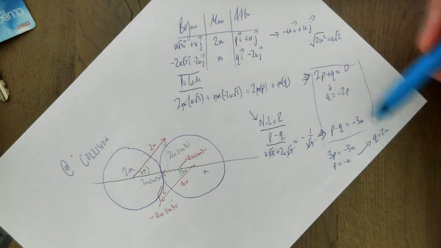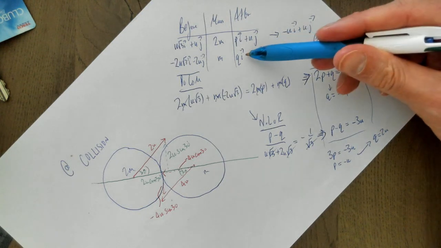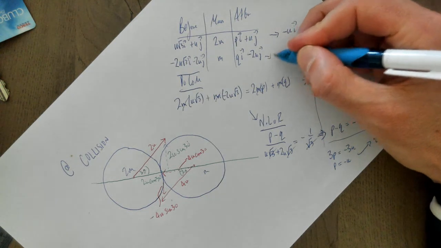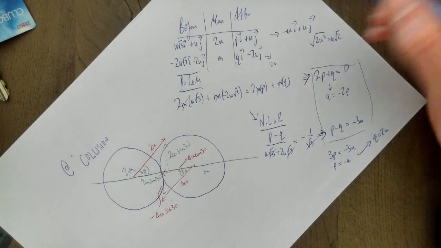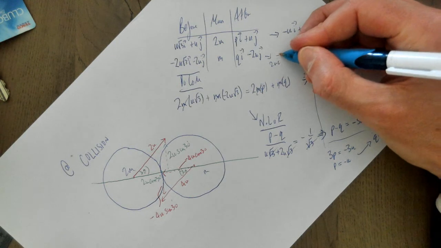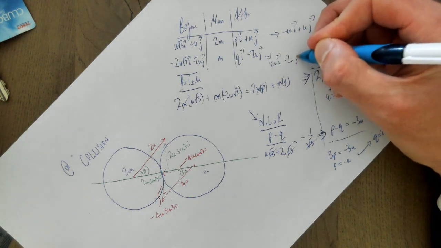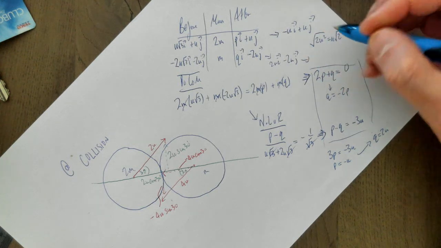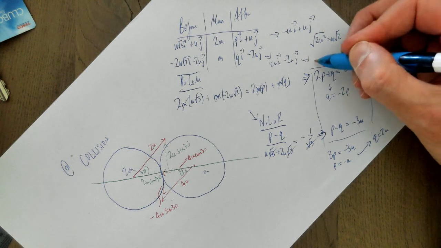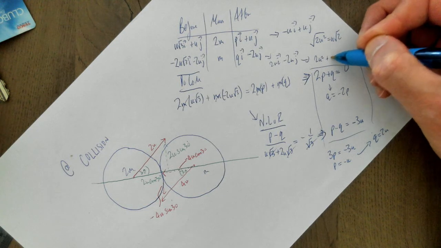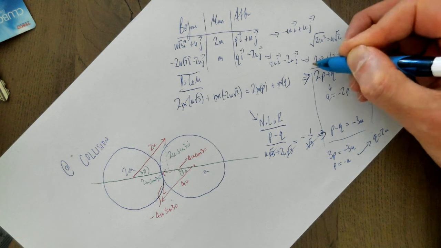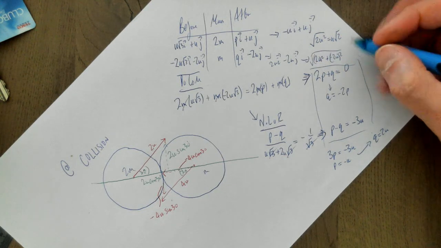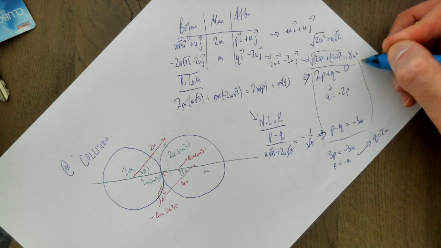For the other one, q is 2u, so this is 2u i minus 2u j. So you just square that out then. 2u squared plus minus 2u squared, so you get 8u squared.